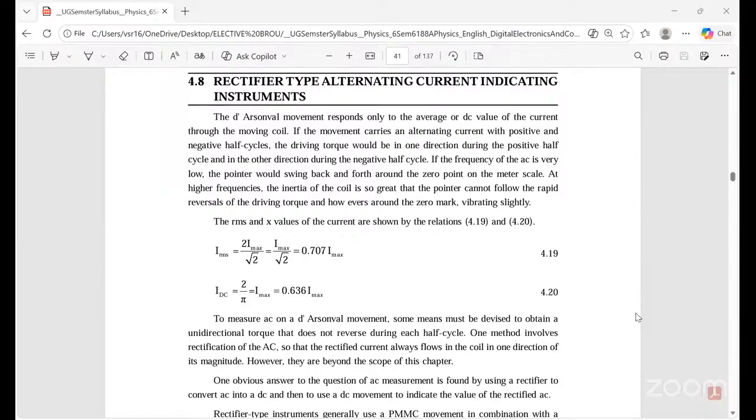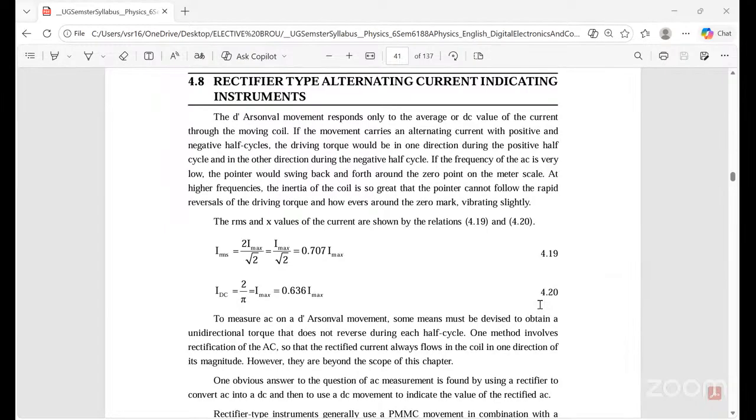If the movement carries alternating current with positive and negative half cycles, that is AC, the driving torque would be in one direction during the positive half cycle, and in the other direction for the negative half cycle.